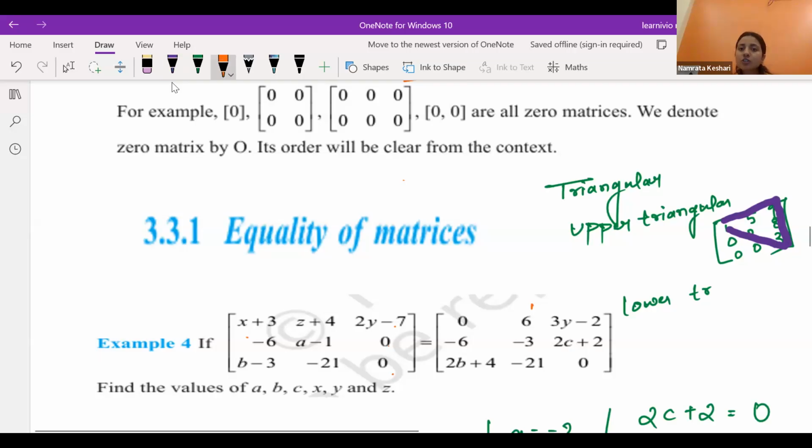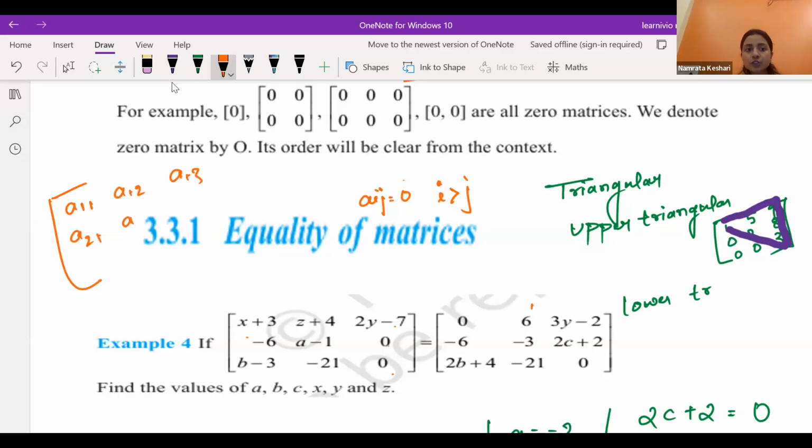Basically, the definition is written like this: when i is bigger than j, those aij are 0. Let me write the structure. Here you will have a11, a12, a13, here a21, a22, a23, here a31, a32, a33. The definition says that an upper triangular matrix must contain all those aij as 0 where i is bigger than j.